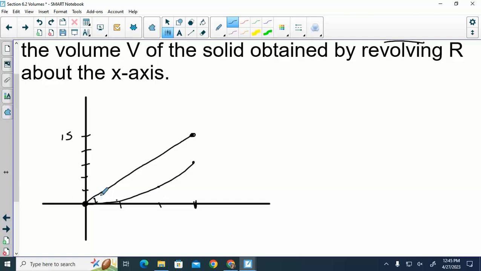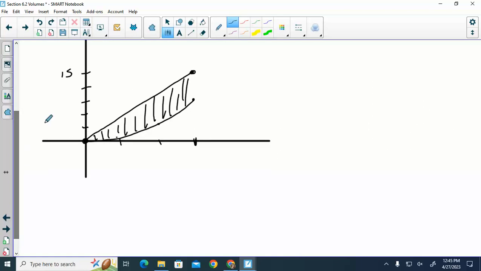So we are taking this region, rotating that around the x-axis. So if I'm trying to draw a picture, I usually draw a reflection first and then make it a rotation.